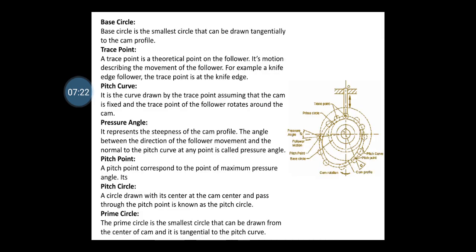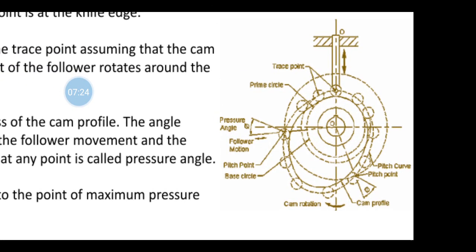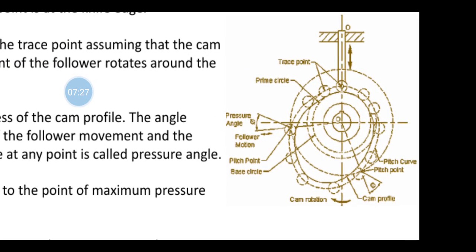I will just show you a different image also. Here also there is an image of the cam profile. The cam profile is the actual working surface of the cam with which the surface of the follower is always in contact, and it transmits the required motion to the follower.